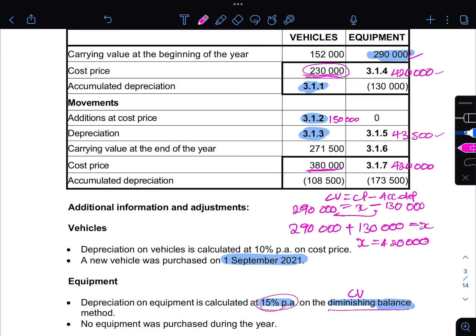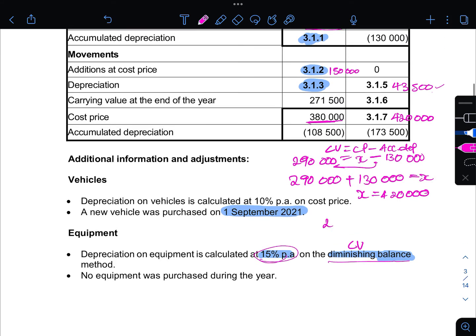But now, before we do that, we are supposed to check your 290 that we were given. So your 290 is your carrying value. If you take your 290, you remove your depreciation. This is where you will get your carrying value at the end.